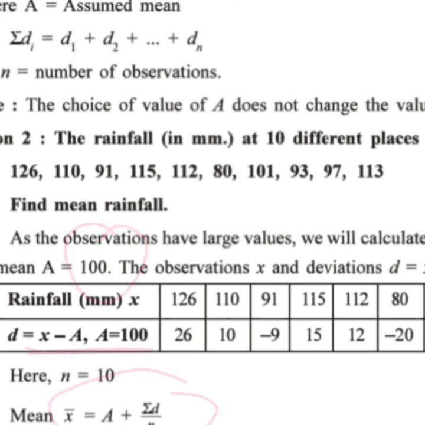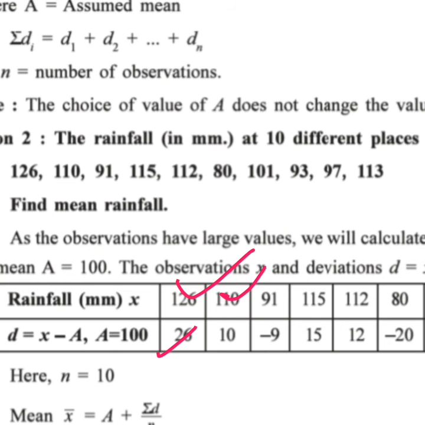As we have seen, you need to remember that di is equal to xi minus a. That means from all the observations we will deduct the value of the assumed mean. So what will happen here? The first observation, 126 minus 100, you would get 26.